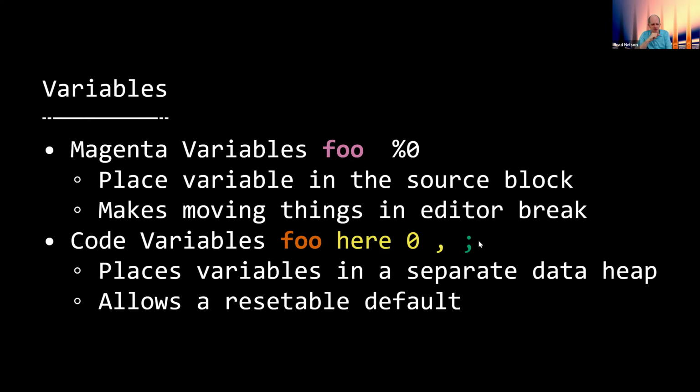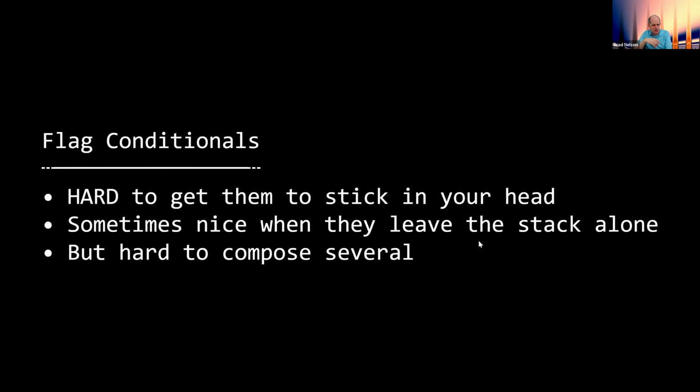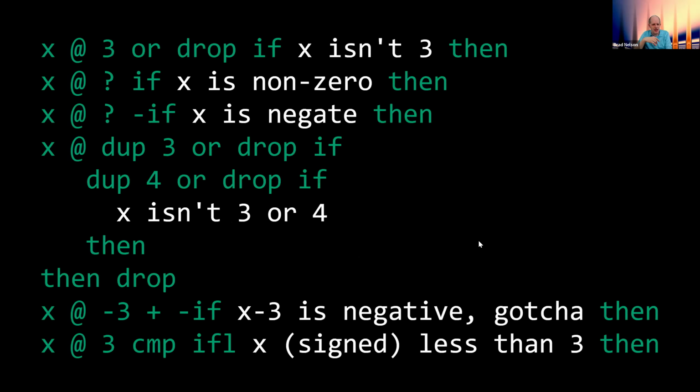It's kind of fascinating, but you end up with these strange idioms like wanting to do an or drop to check to see if a value doesn't match something, and oftentimes you'll end up having challenges composing things. So you could do a pattern like dupe 3 or drop, and then a conditional, and then another layer to compose conditions. So there's some quirks to it that I feel like I haven't really gotten comfortable with.